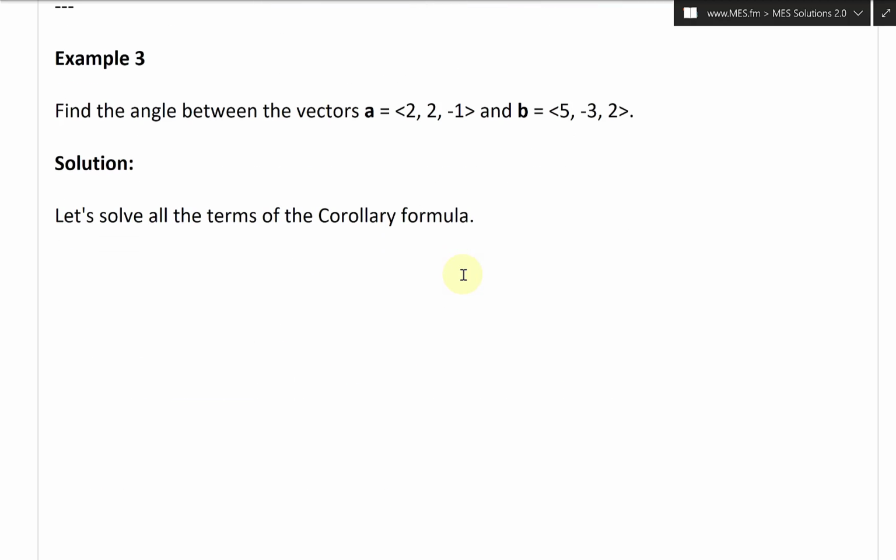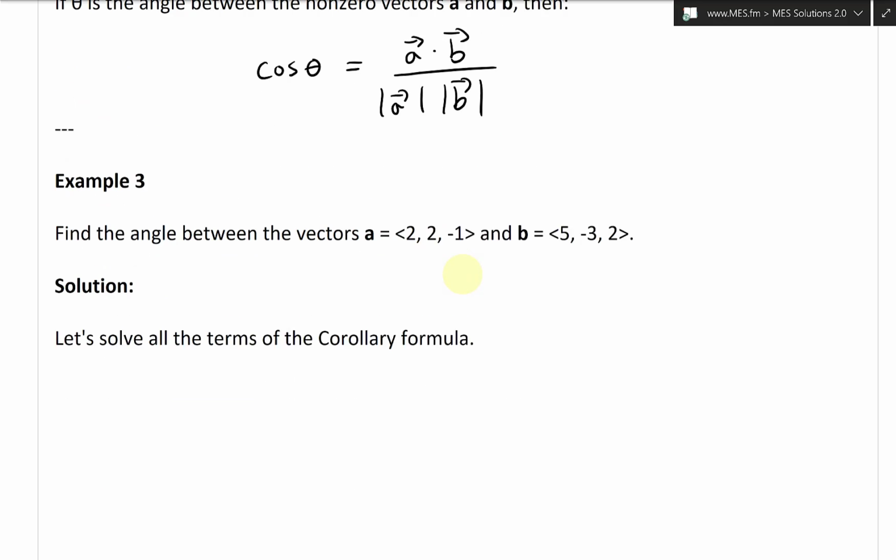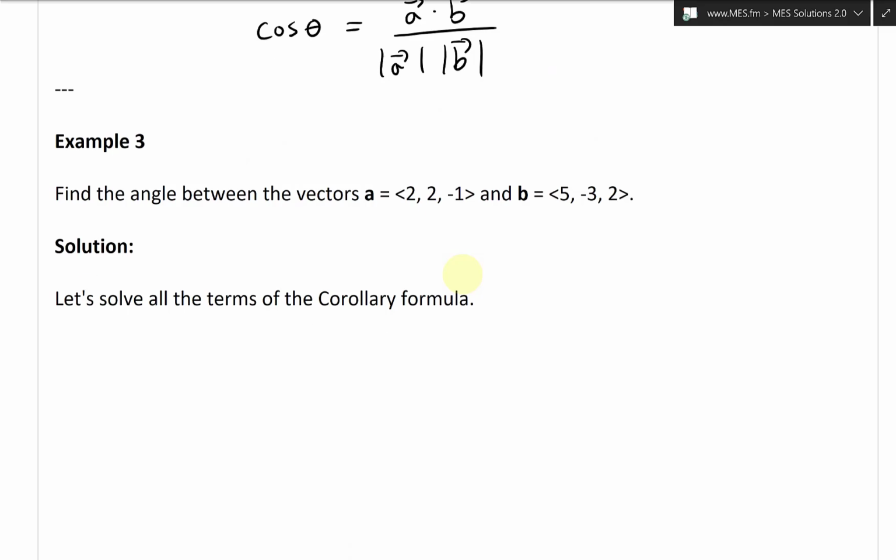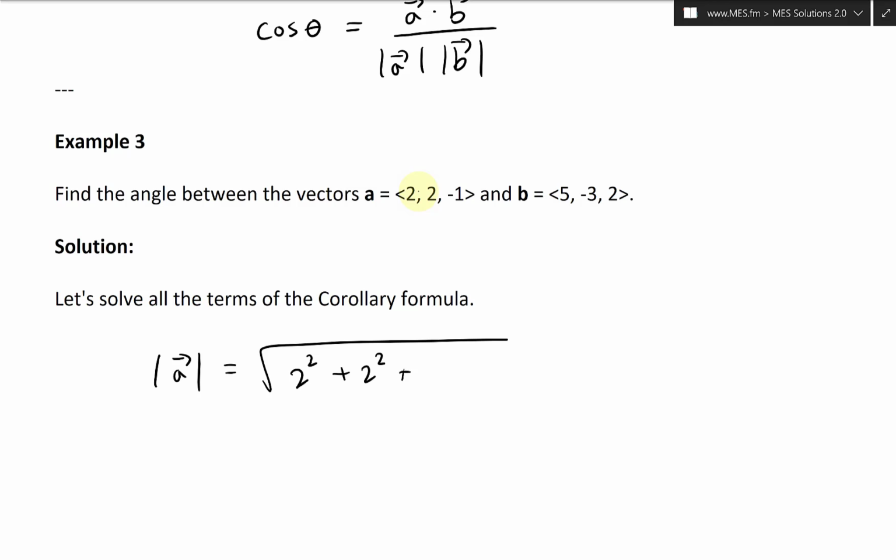Again, the length is just the 3D trigonometric formula, or the distance formula. So the length of A is equal to the positive square root of all the components squared: 2 squared plus 2 squared plus -1 squared.